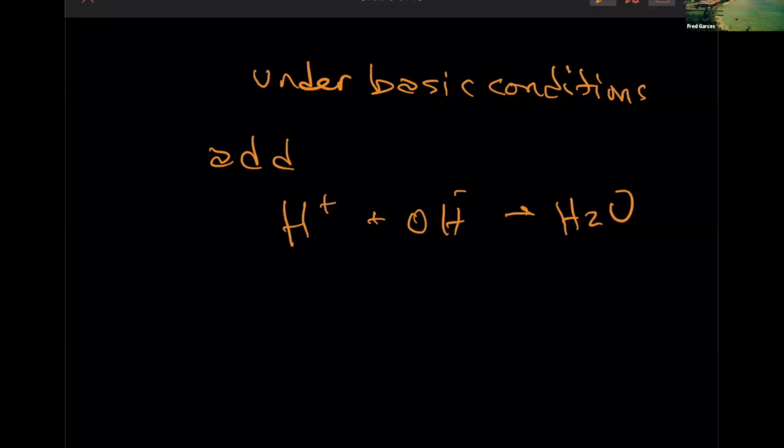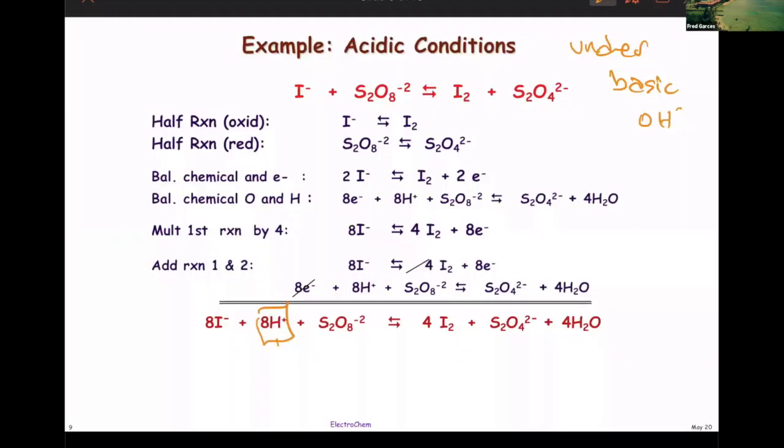Let me show you that real quick. See how you have 8 H plus right there? I need 8 H plus here. But H plus is always accompanied by hydroxide. I need 8 hydroxides here. And that produces on the other side 8 waters. Now, when I add these two, my hydrogen cancels, so it's not under acidic conditions. My hydroxide appears, and then my water is changed.